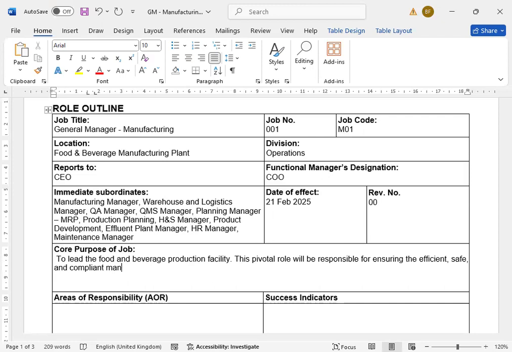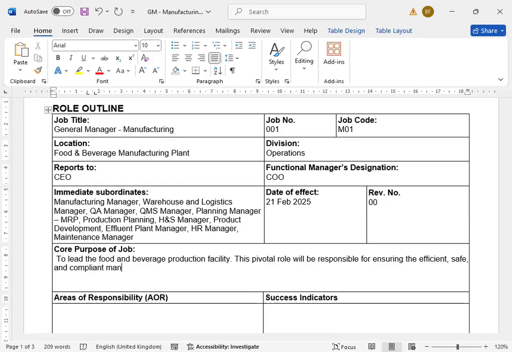SQF, safe quality food, things like that. It could be in compliance with the USDA standard, things like that. Okay. So it should always be compliant to regulation.